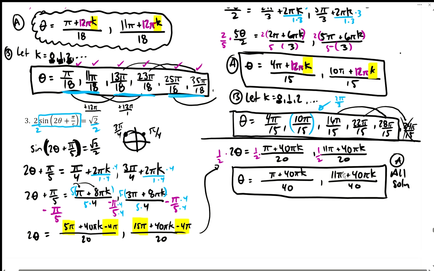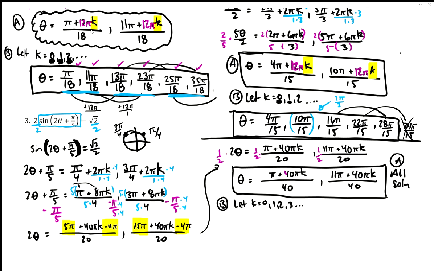Okay, now that we've got this, we need to find the answers from 0 to 2 pi. And again, it's usually just based on a pattern. We are letting k equal 0, 1, 2, 3, however many it takes until we have all the answers.